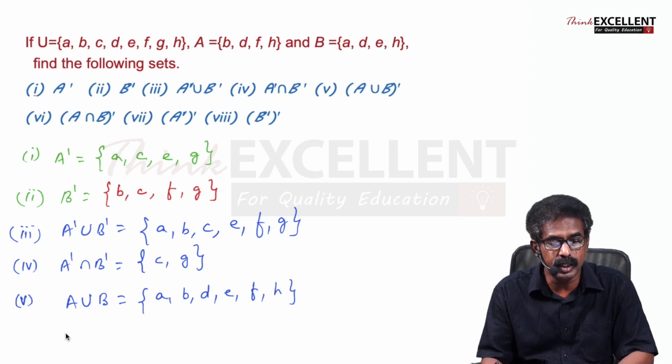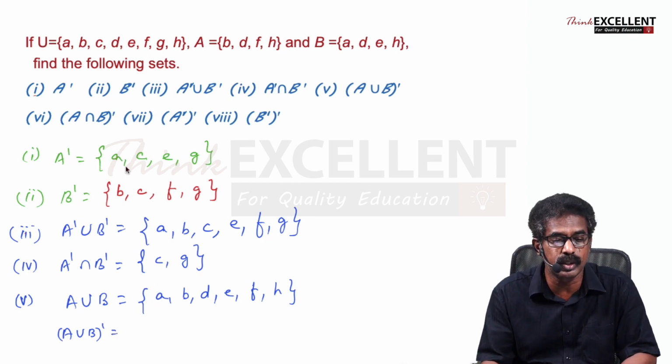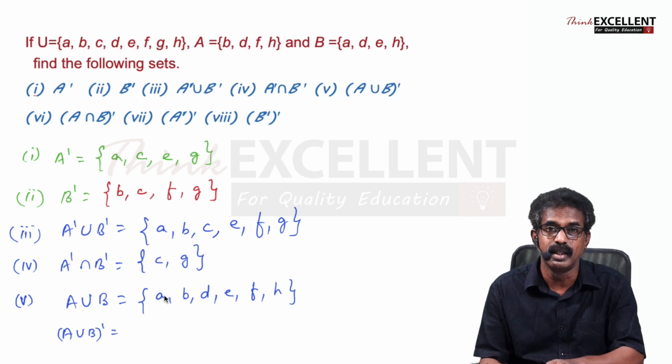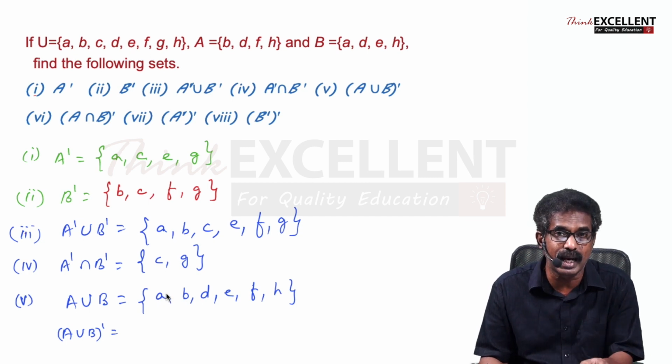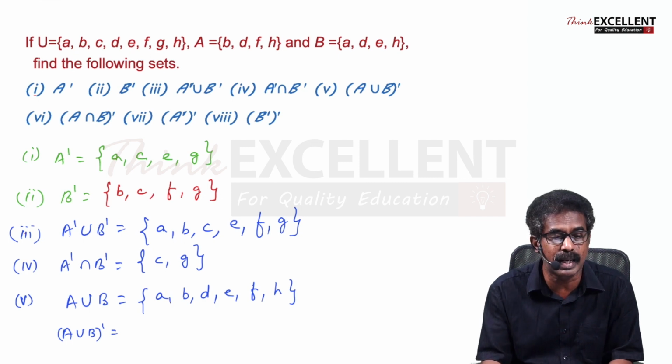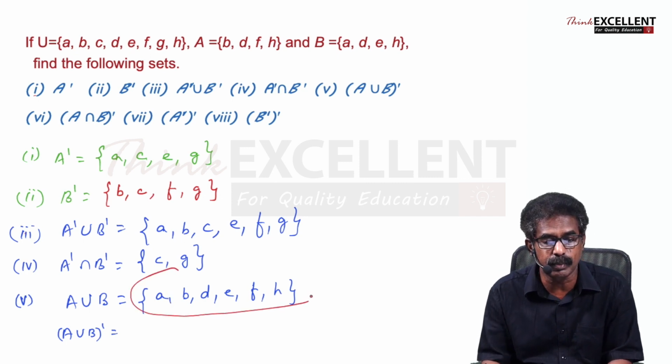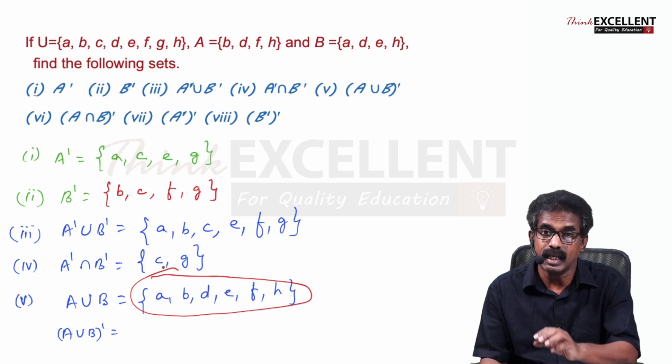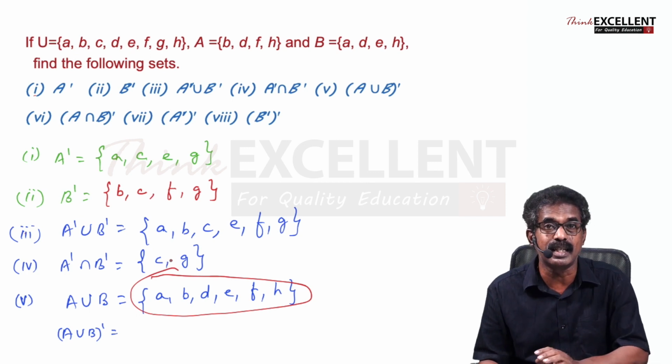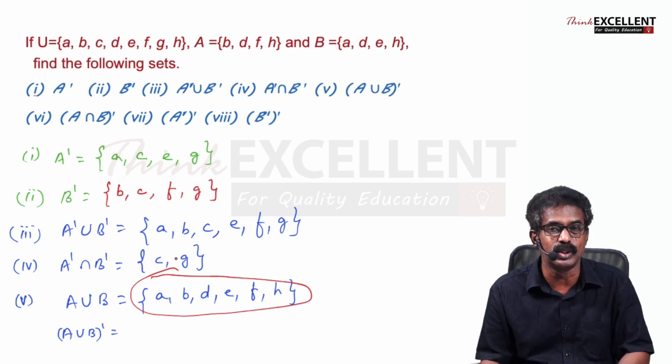We want A union B the whole dash. So in 2 steps you write, okay? Don't write in a single step. What is A union B the whole dash? A union B, got it. The meaning of A union B the whole dash is elements which are not in A union B. Leave these elements, write the remaining elements from the universal set.